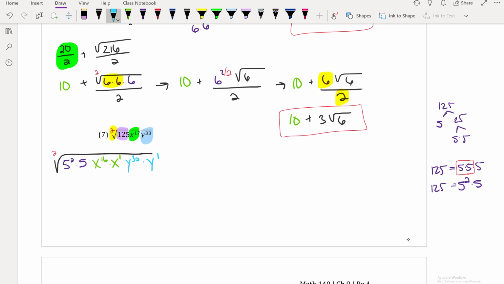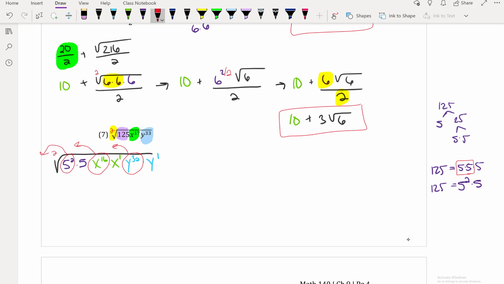Because 32 plus 1 is 33. So now I know everything that's going to be able to kind of break free, as you can say, because the power can be divided by the index. So this can jump out, this can jump out, and this can jump out. Everything else is going to remain.